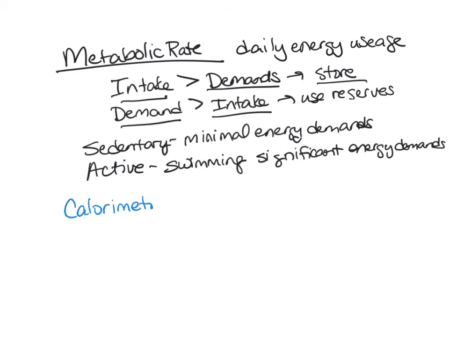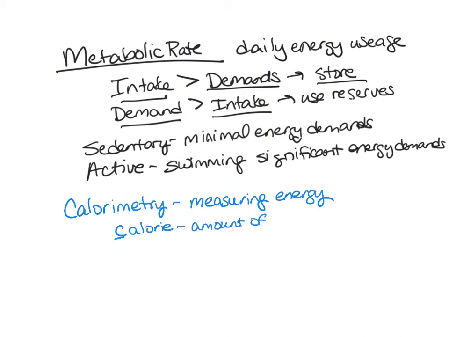Calorimetry measures the energy that's released when bonds are broken. So we're measuring energy through calorimetry. A calorie with a small c is the amount of energy required to raise 1 gram of water 1 degree Celsius.